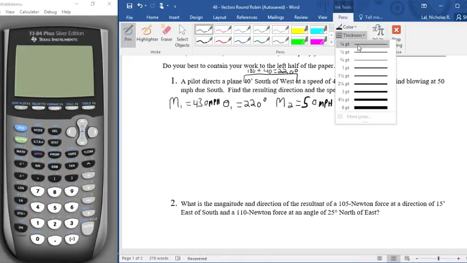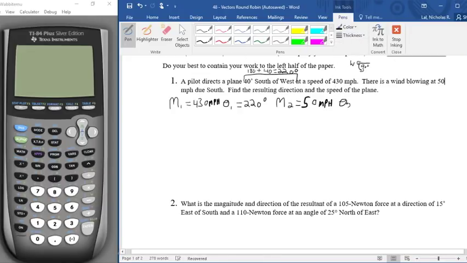And our theta 2 is going to be equal to due south. Now south is going to be equal to 270 degrees. So theta 2 is equal to 270 degrees.